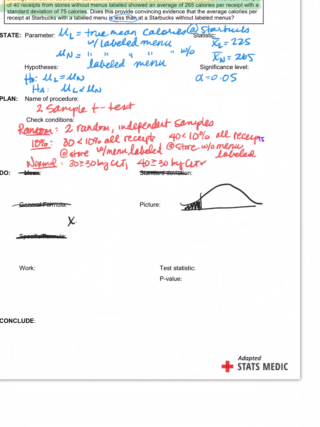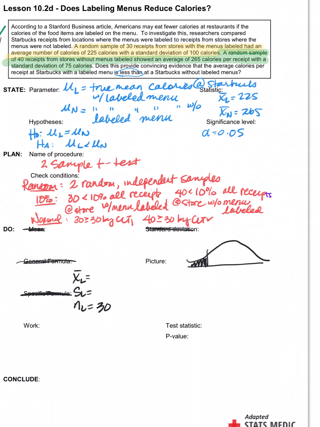You're showing these values. X bar of L, S of the labeled, N of the labeled was 30. Let's review what it said here. This was 225, and the standard deviation was 100. That should be N, not labeled: 265, 75 standard deviation, and n of N was 40.